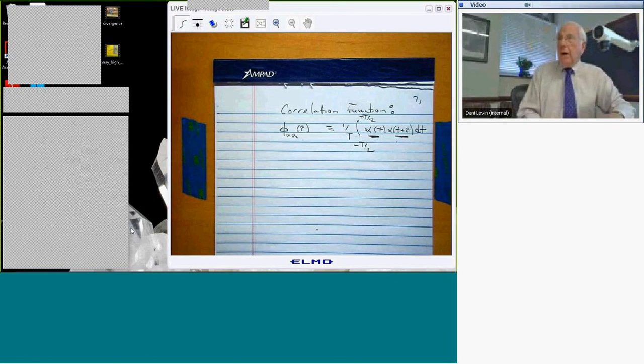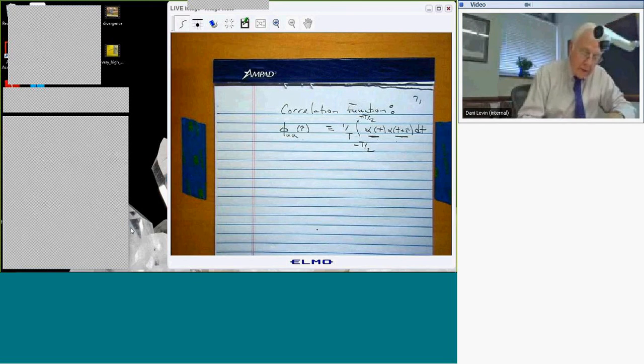So I can take the Fourier transform, which will be some function of frequency, which by definition is the integral from minus infinity to plus infinity of phi alpha alpha of tau e to the minus i omega tau d tau, right?